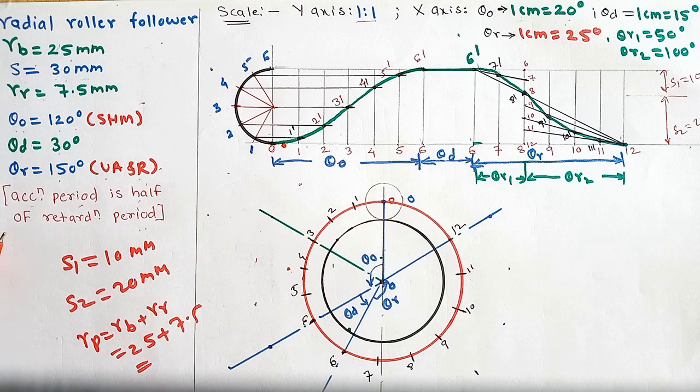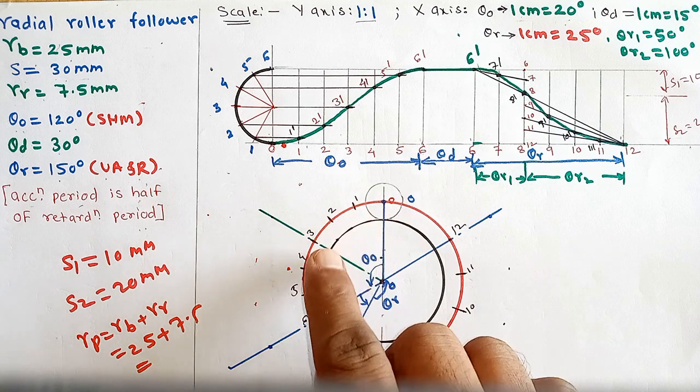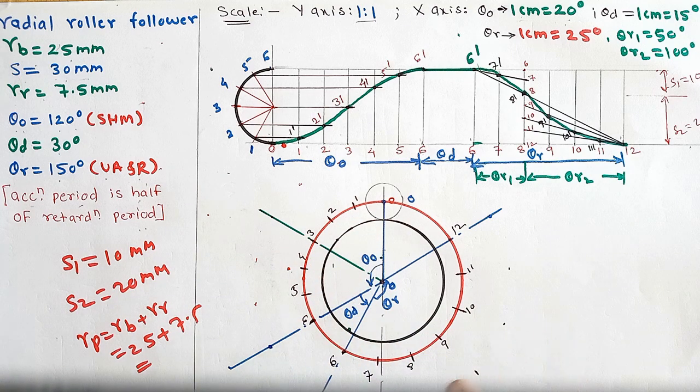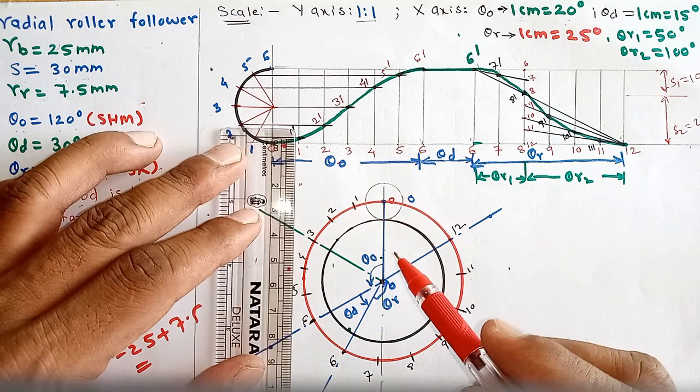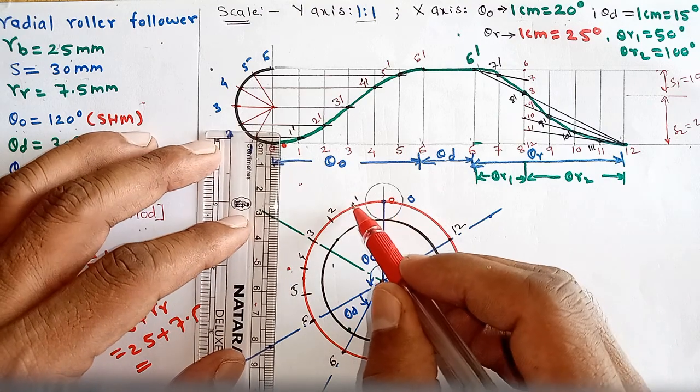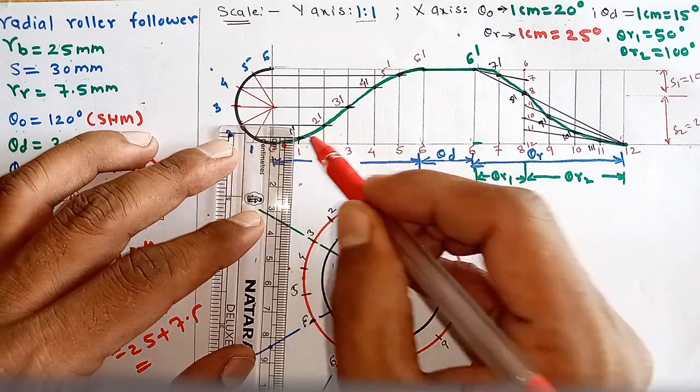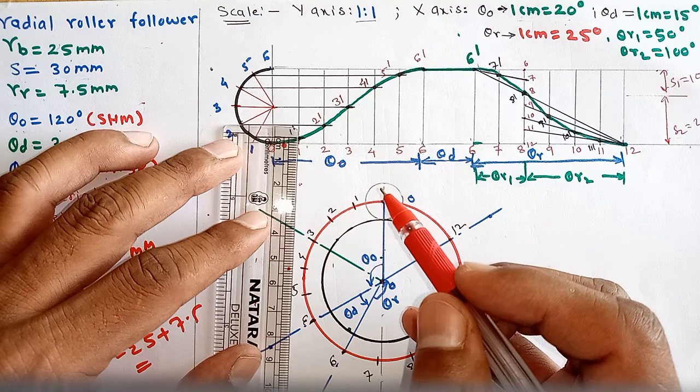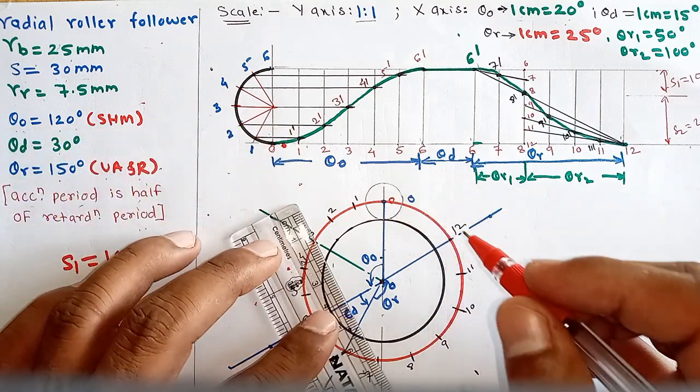Now we'll mark the displacement at all these instants, instant number 1 to 12, from the displacement diagram. So let us measure the displacements. At instant number 1, the displacement is 1 to 1 dash and it is 3 millimeters.